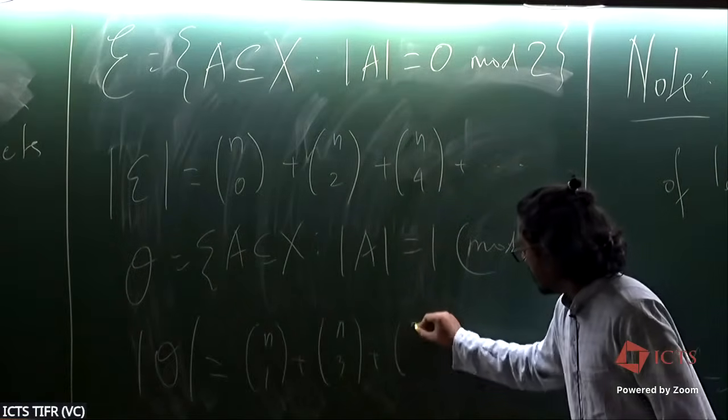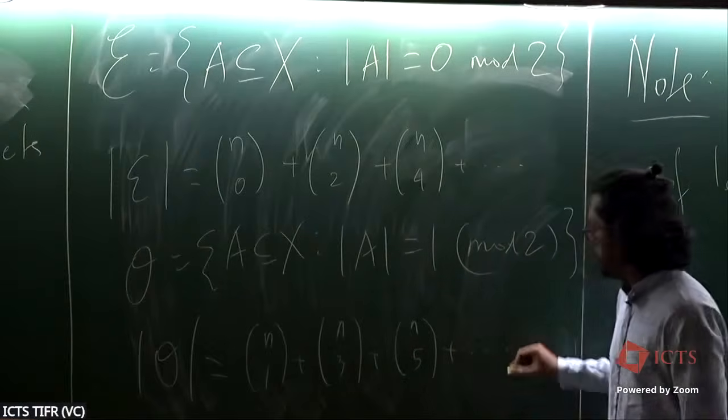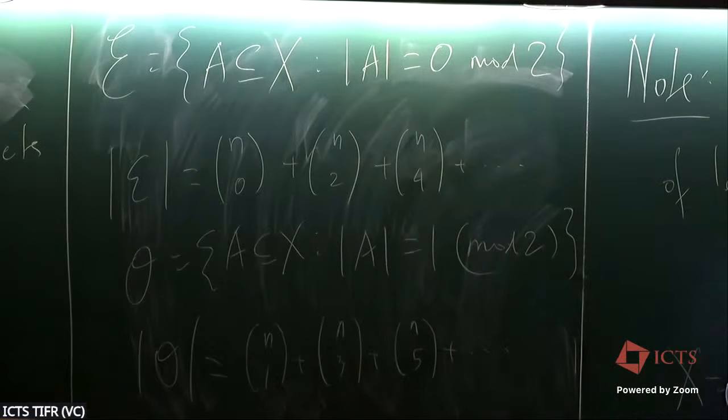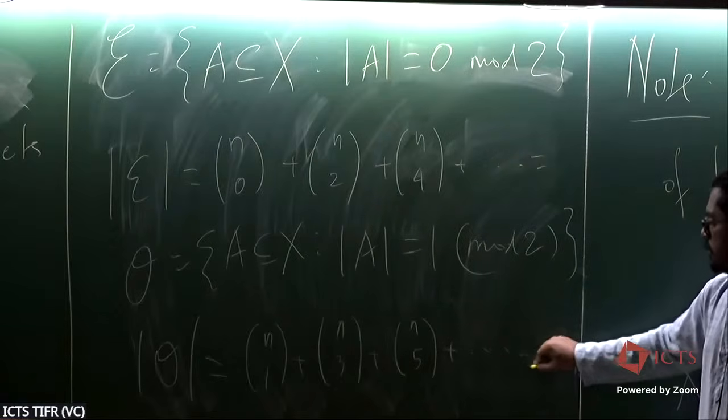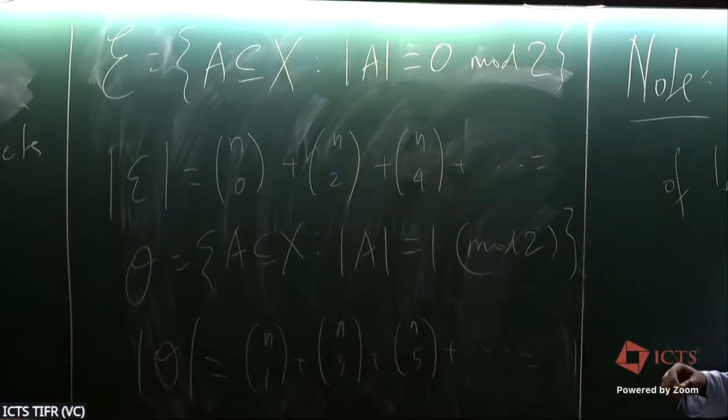Is that right? Okay. 2 to the n minus 1. Somebody said, okay, thank you. How did you figure that out? Can you expand? That's an excellent answer. Wonderful. Tell me.